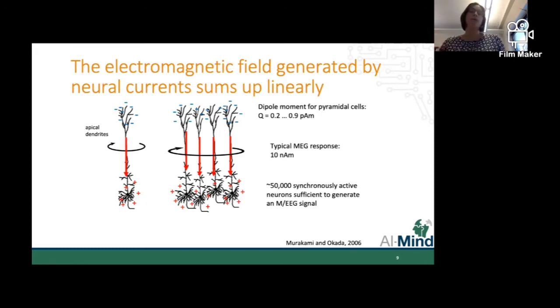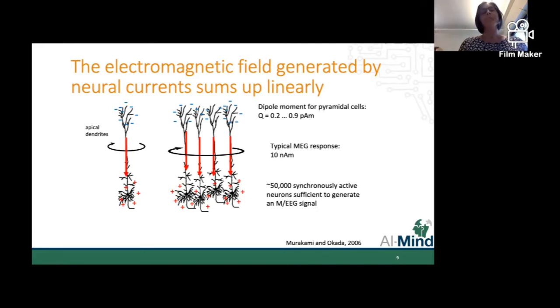Okay, so how many neurons would we then need for us to see a signal outside the head? I talked already about currents summing up linearly.